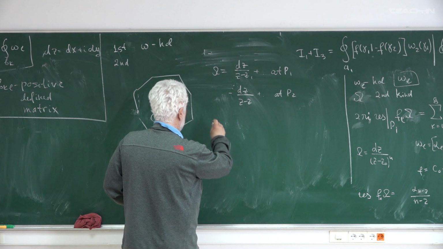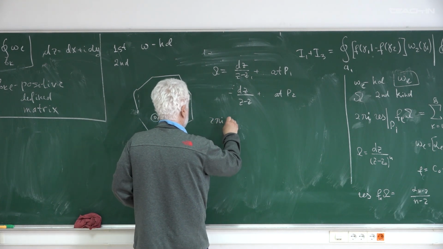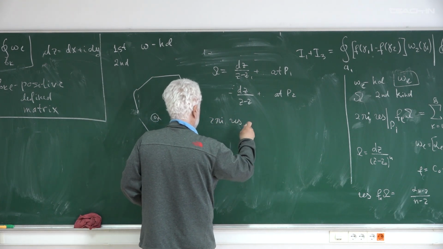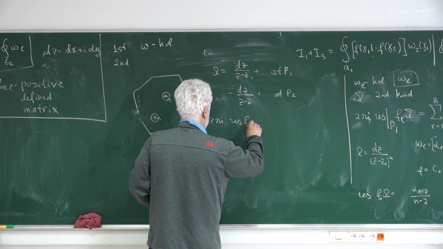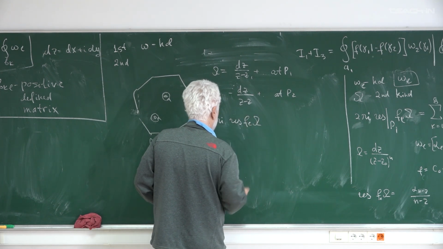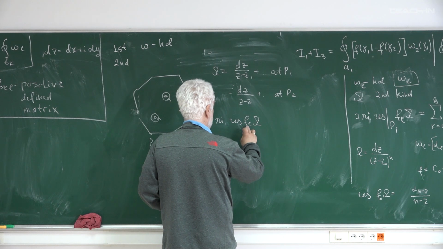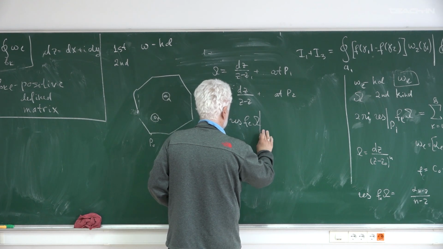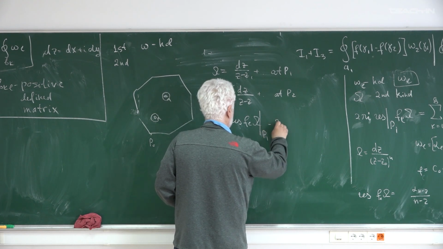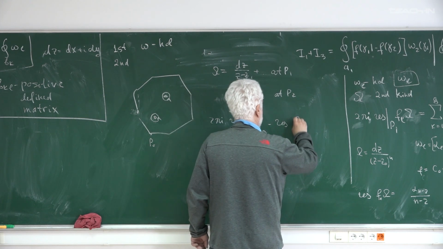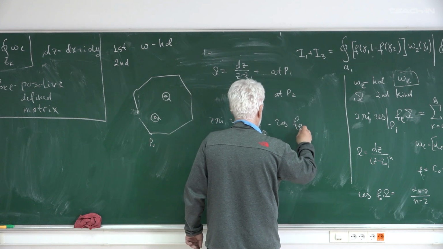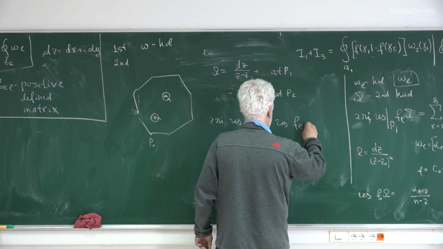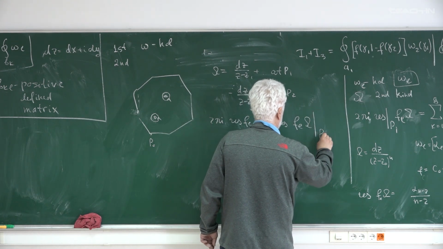So this integral will be 2 pi i times the residue of f omega at P1 minus the residue at P2. You agree?